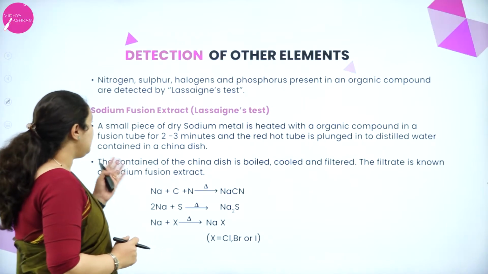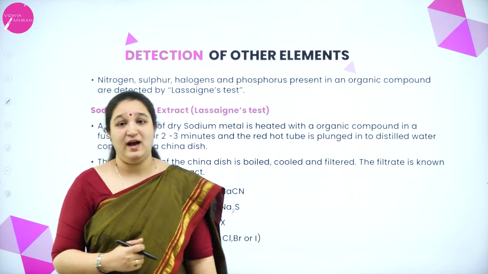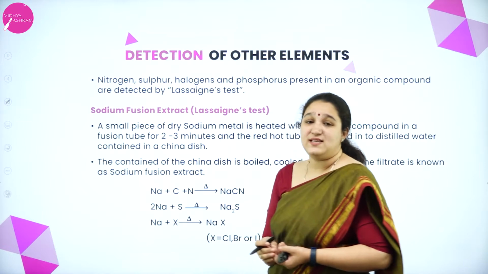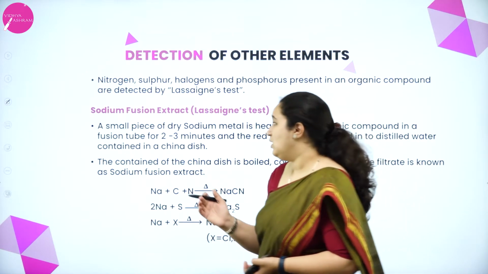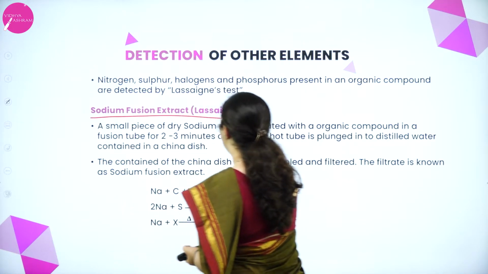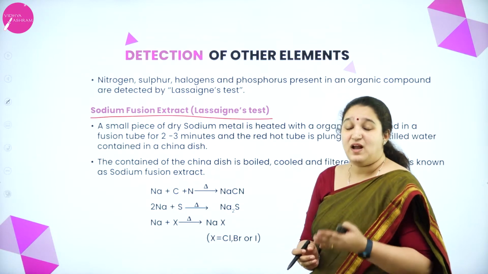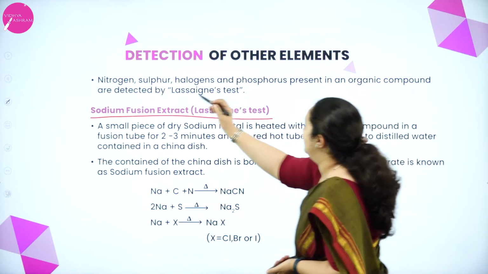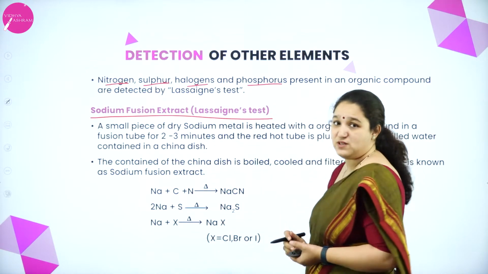Next is detection of other elements other than carbon and hydrogen. How do we do this? This test is called Lassaigne's test, or we can also call it the sodium fusion extract test. In this test, I can detect the presence of nitrogen, sulfur, halogen and phosphorus.